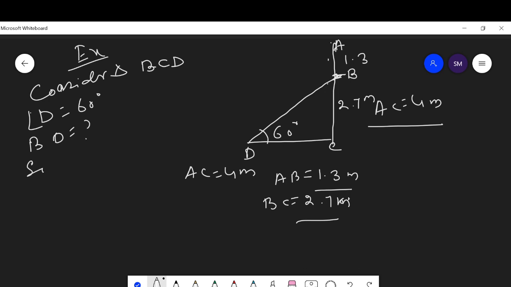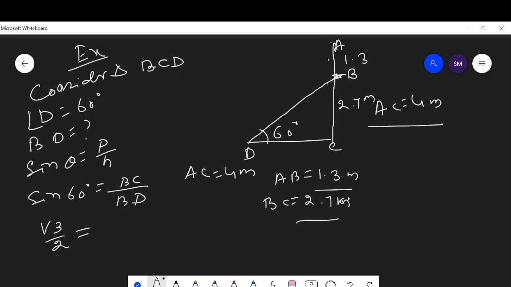Then apply sine theta is equal to perpendicular upon hypotenuse. Here sine 60 degree is equal to BC upon BD. As you know, sine 60 degree is equal to root 3 upon 2. Root 3 upon 2 is equal to BC, which is 2.7 meter, upon BD, which is unknown.